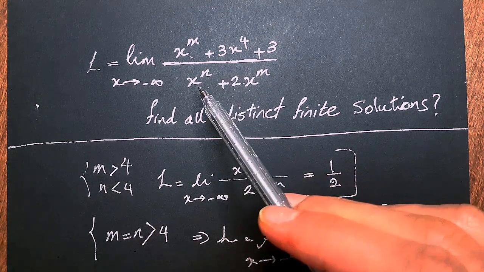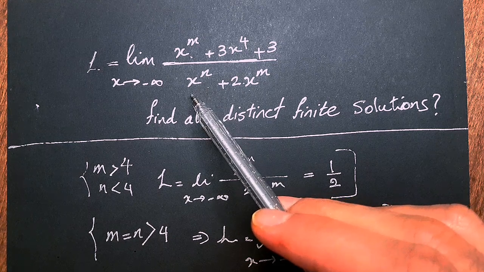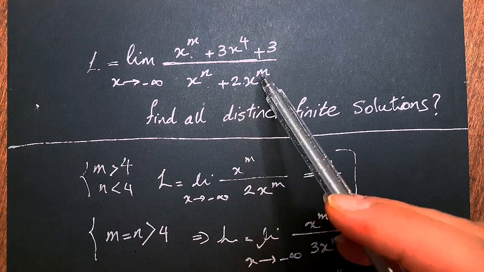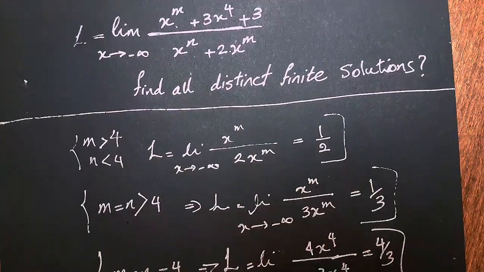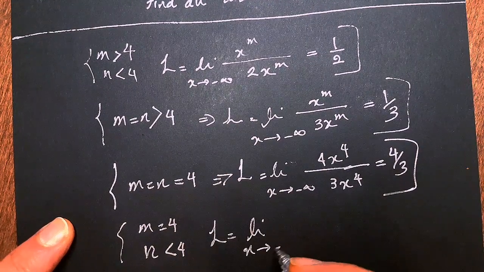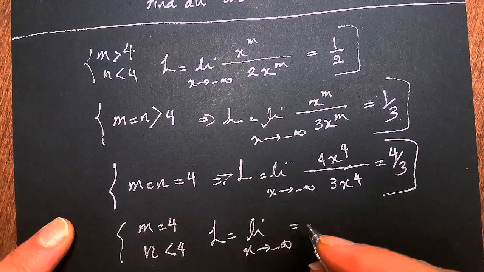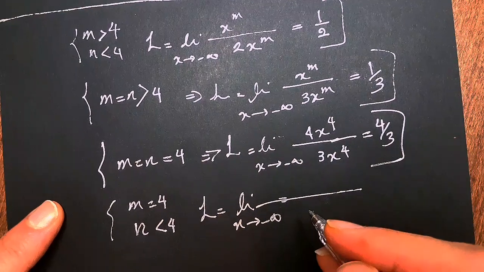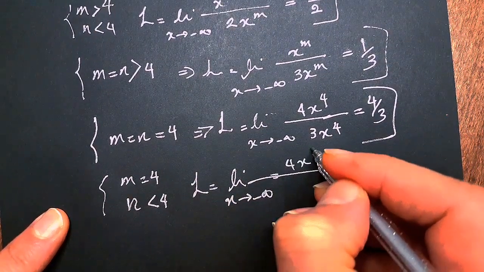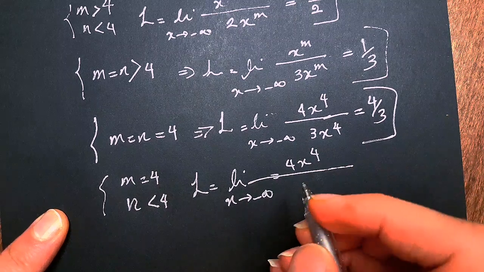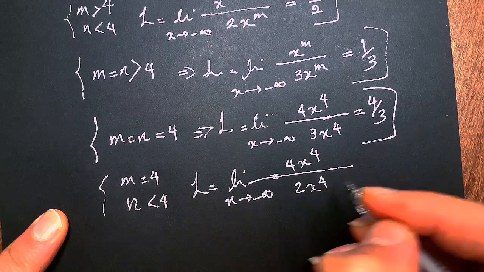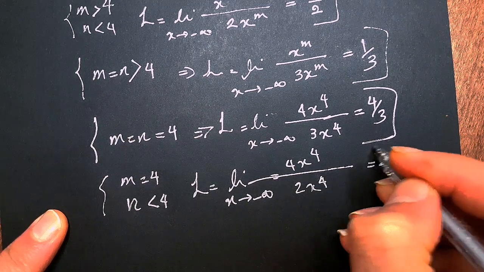And on the bottom, n is less than 4, so this doesn't matter, and we will have 2 times x to the power of m. So it's going to be the limit as x goes to minus infinity of 4 times x to the power of 4 on the top, and only 2 x to the power of m on the bottom, which is 4. So this is going to be 2.